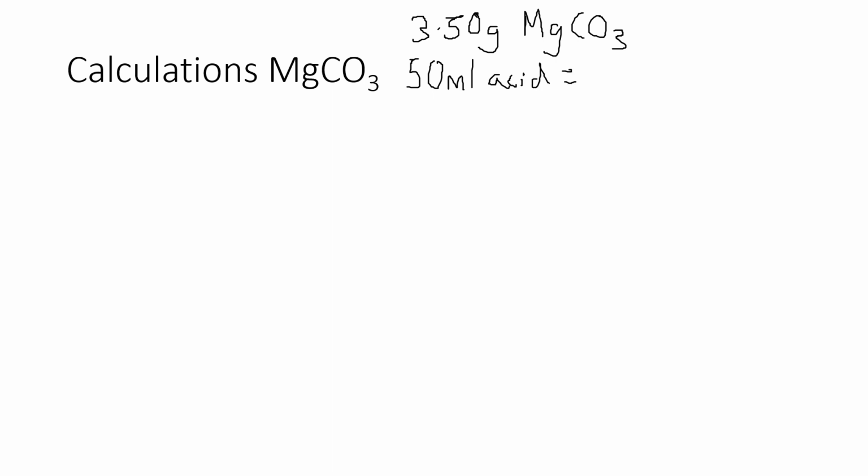So for magnesium carbonate, you used 3.5 grams of the magnesium carbonate. You had the 50 mils of the acid, which is effectively 50 grams of water. And the temperature change was plus 7.6 degrees Celsius. So delta E equals the mass. I'm going to go a bit quicker this time.